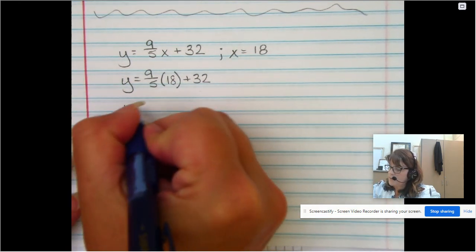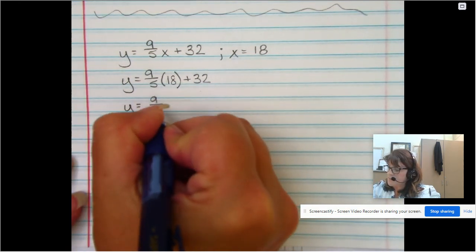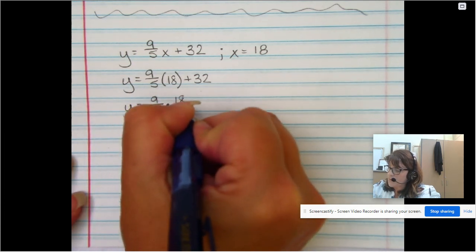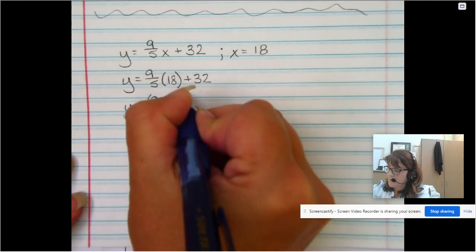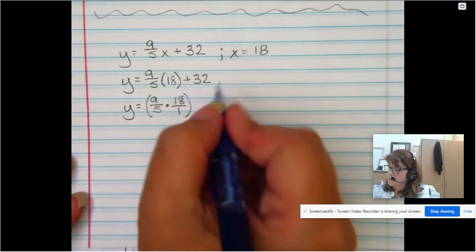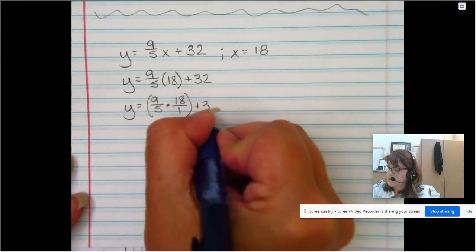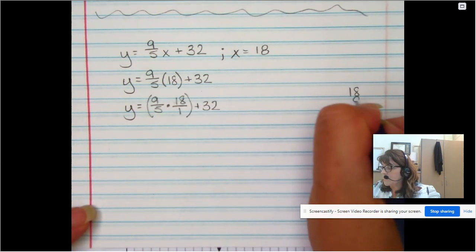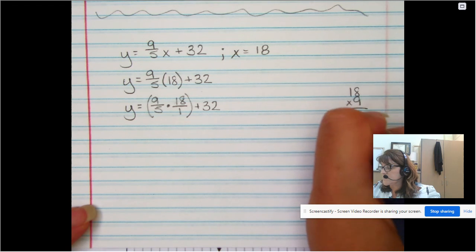So y equals 9 times 5, or 9/5, 18 over 1, and yes, that's a fraction, plus 32. Okay? No, I'm not getting out a calculator because this is how I keep my brain going.